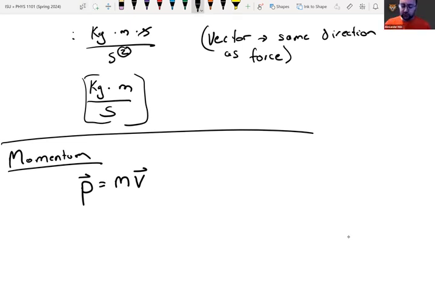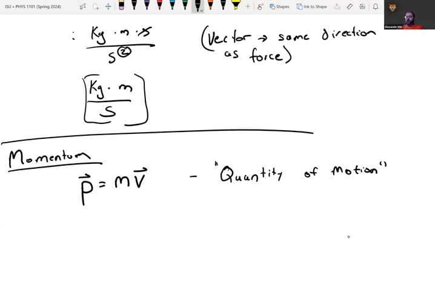Now, when Isaac Newton wrote the Principia, I don't think he had the term momentum. What he called it was the quantity of motion of an object. Basically, he was saying that when you have an object that is moving, the way in which it will impact other objects, stationary or moving, is dependent not only on how fast it's going, but on how much mass it has.